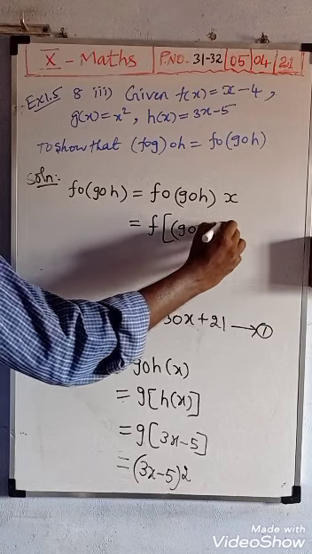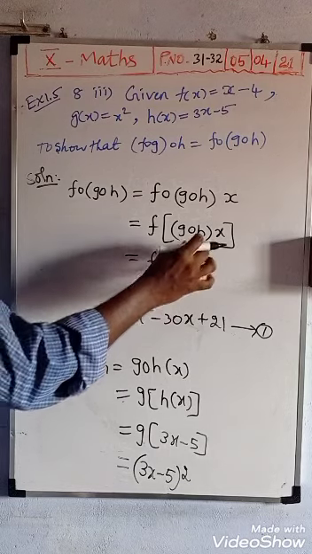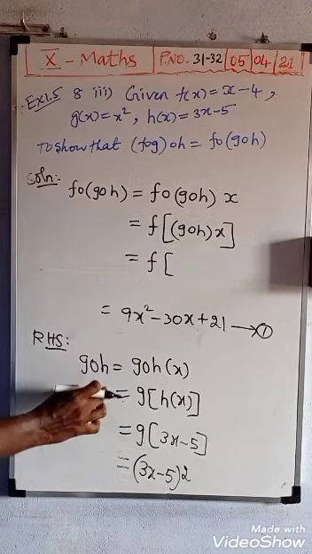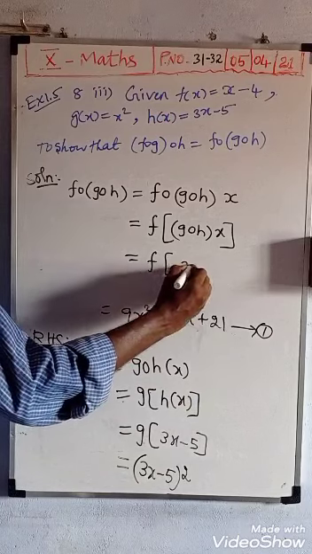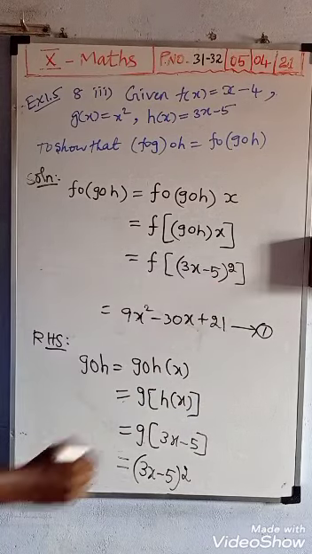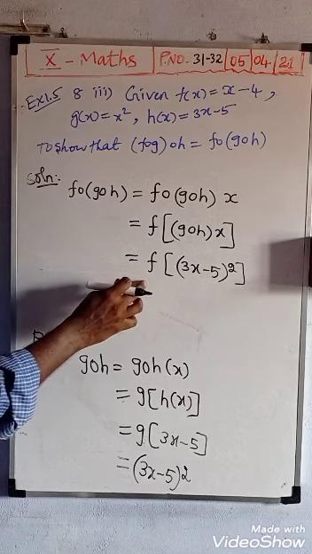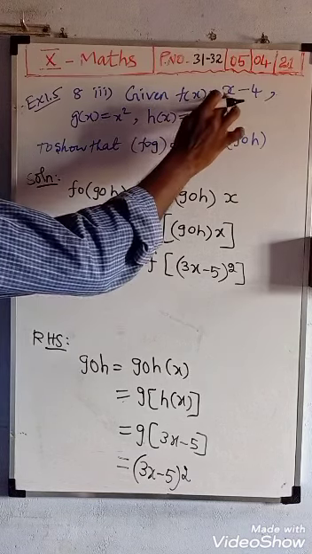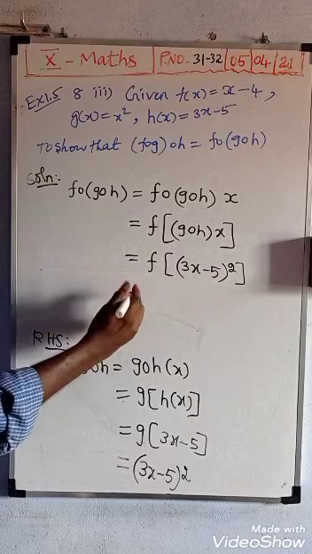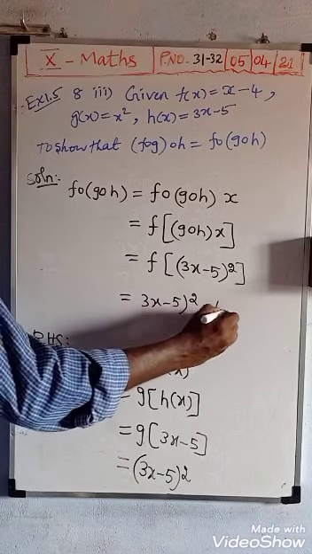Now we know the g composition h of x value will be (3x minus 5) the whole squared. That you write. Where do we want to substitute this? In function f. Function f is x minus 4. So instead of x, you write this: (3x minus 5) the whole squared minus 4.